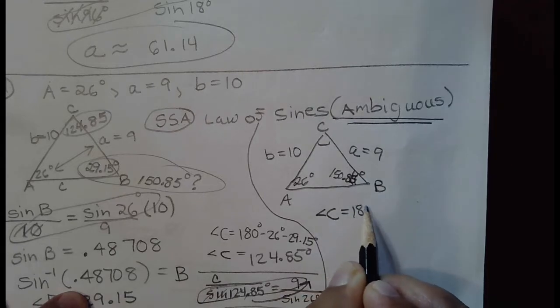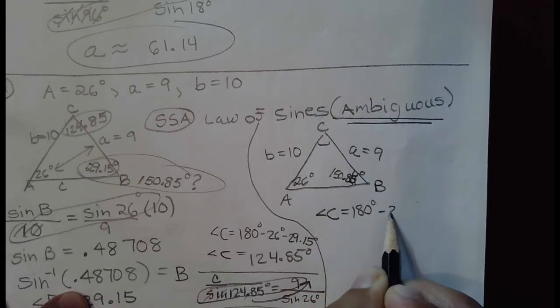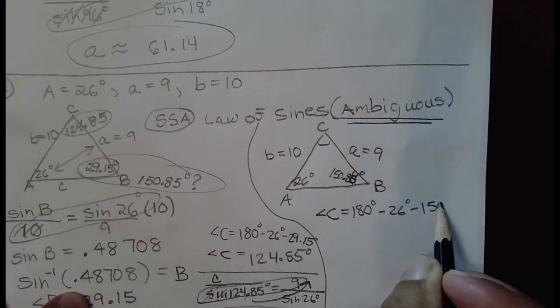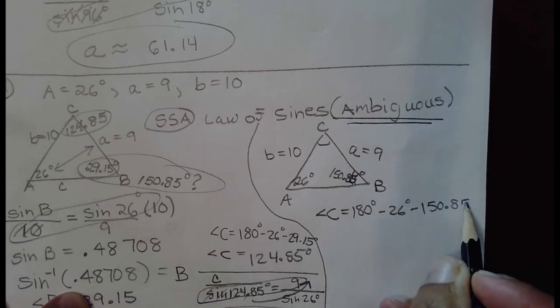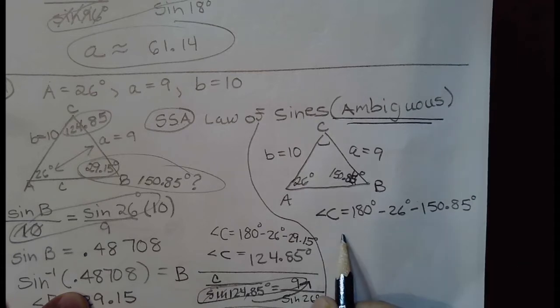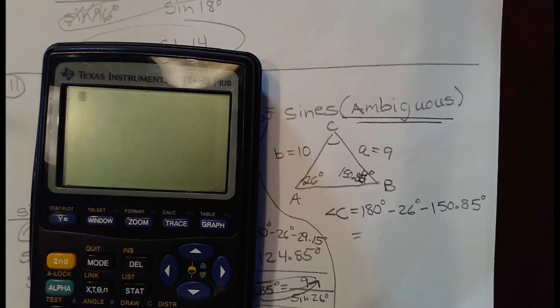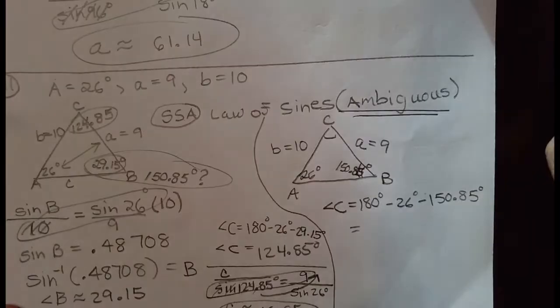This will be 180 minus 26 minus 150.85. And that gives you 3.15 for angle C. 3.15 degrees. I didn't see anything else in the instructions here other than it said round to 2 decimal places as needed.